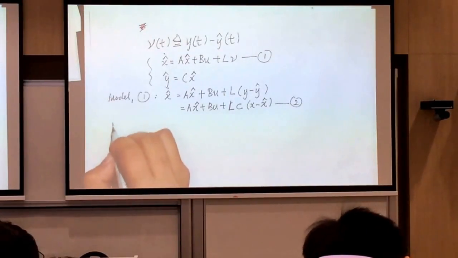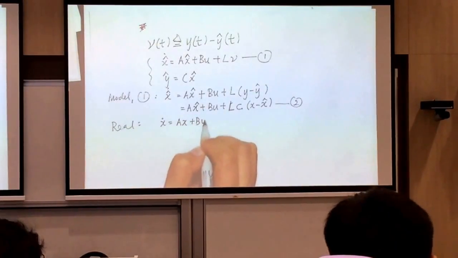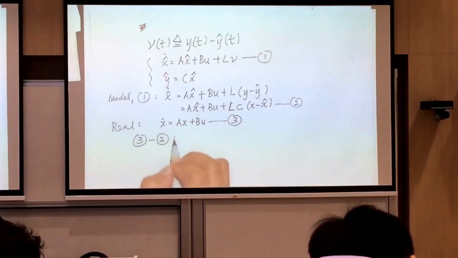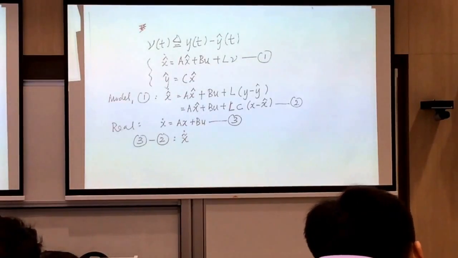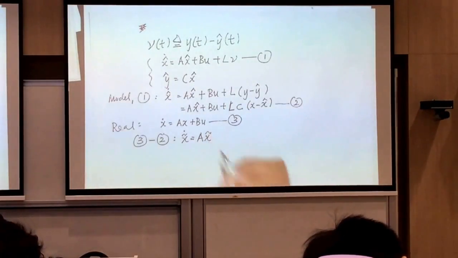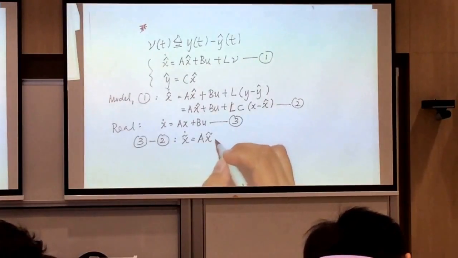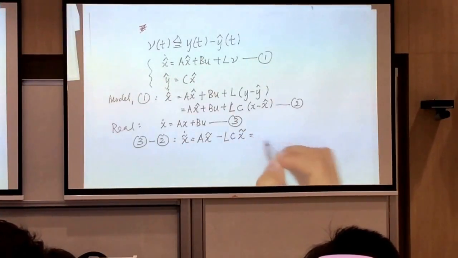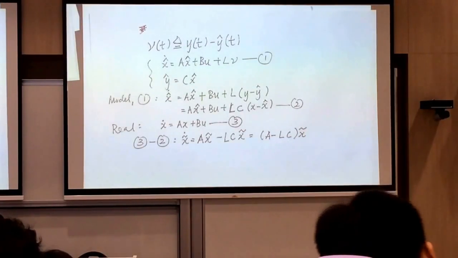The real system is x dot equals A x plus B u. Subtracting, x dot minus x hat dot is x tilde dot, which equals A times x minus x hat, plus BU minus BU, minus L C x tilde, so A minus L C times x tilde.